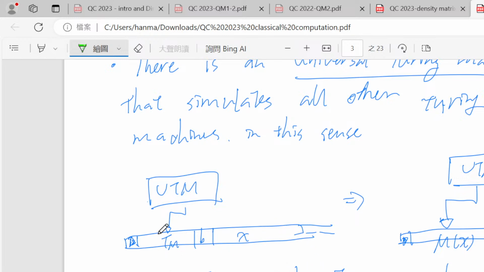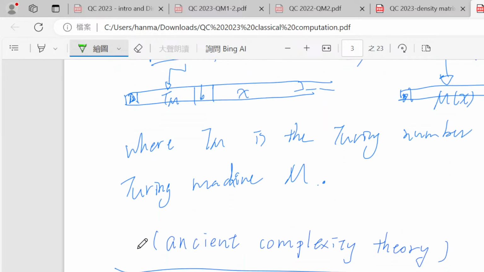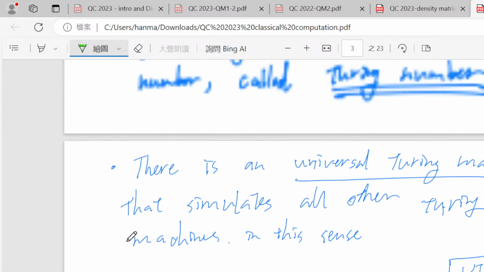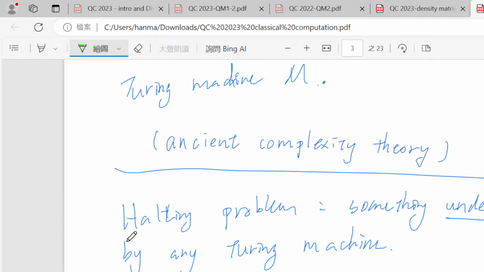But if you want to run any Turing machine N on any input X, then you can just write the Turing number at the start of your tape and the input on the later part of your tape, and the universal Turing machine will write the output on your tape. Okay, so it's really cool. And yeah, so you see this is kind of like a program. You can write a program on your hard disk. Okay, so the universal Turing machine is really cool.